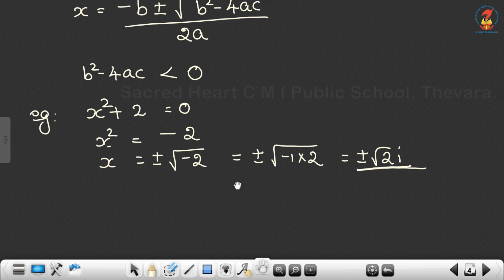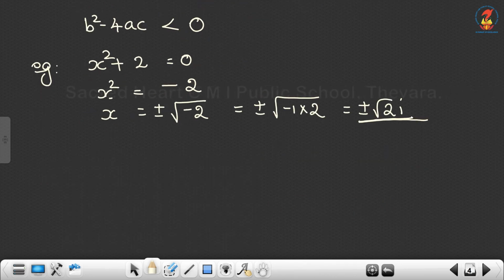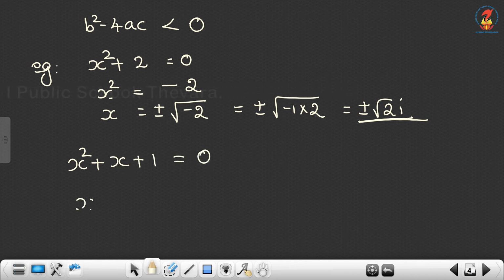Then another example, x square plus x plus 1 is equal to 0. So, x is equal to, by quadratic formula, minus b. a is 1, b is 1, c is 1.